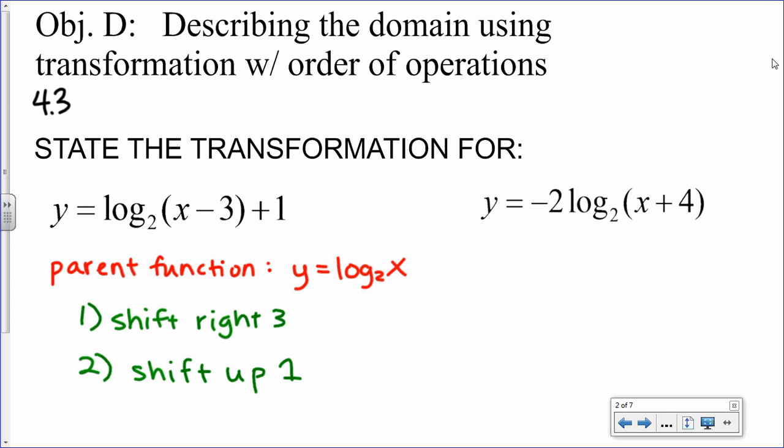Okay, the next one, the parent function is still log base 2 of x. So that -2 out front is not part of the parent function.